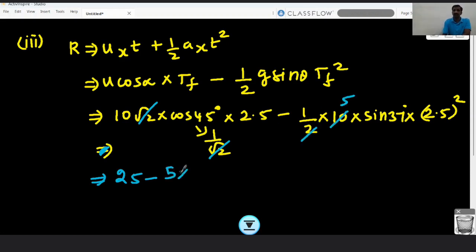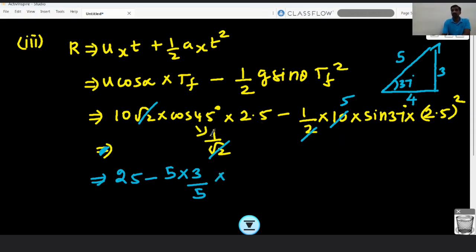So 5 into 3 by 5, sin 37 degree is 3 by 5. I already told you. So here 37 degree means here it will be 3, hypotenuse always 5, here it will be 4. So opposite by hypotenuse, so we will be getting 3 by 5.